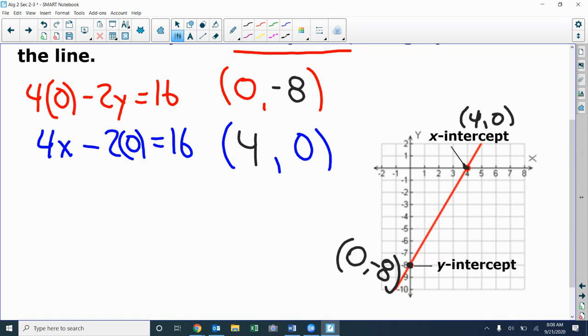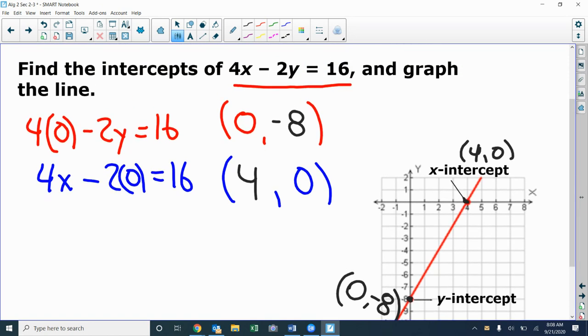So let's think about that. As you remember from Algebra 1, there are really 2 basic ways to graph. One is y equals mx plus b. Get your slope and your intercept, which we just practiced. A second way is to get those intercepts. Plug in 0. Let's look at the process again, make sure everybody's on board. So the equation was 4x minus 2y equals 16.